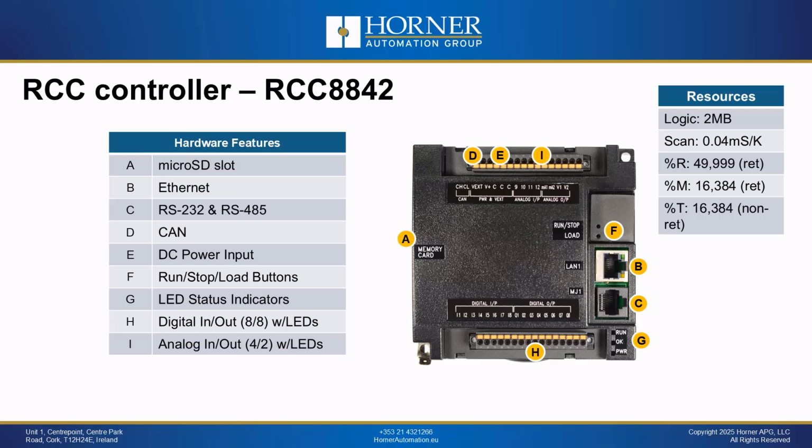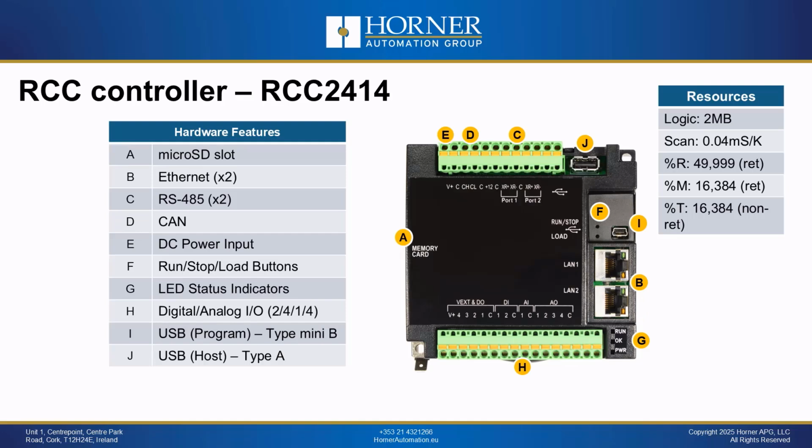Both the RCC 1410 as well as the 8842 have LED indication on their terminal strips, whereas any RCC model you will see that just has a green terminal strip for the I/O instead of the black ones. Those green terminal strips do not feature LED light pipes, so they do not have LED indications, whereas the black terminal strips do, that are used on the 8842 and the 1410.